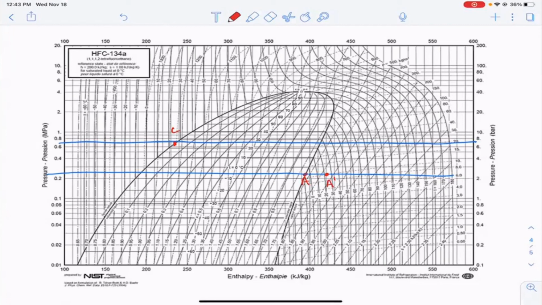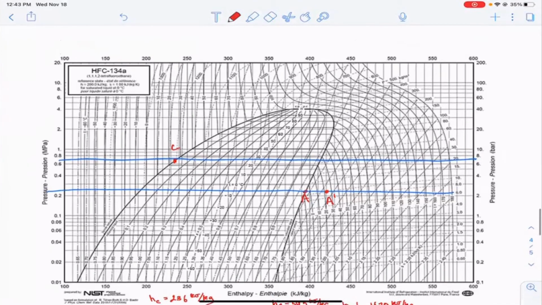Okay. And so what we can do then, now that we have A, C, and A prime, is find the enthalpies at those conditions. So we know the enthalpy at A is 395 kilojoules per kilogram. We know the enthalpy at A prime is equal to 420 kilojoules per kilogram. And from reading the graph, the enthalpy at C is about 236 kilojoules per kilogram.